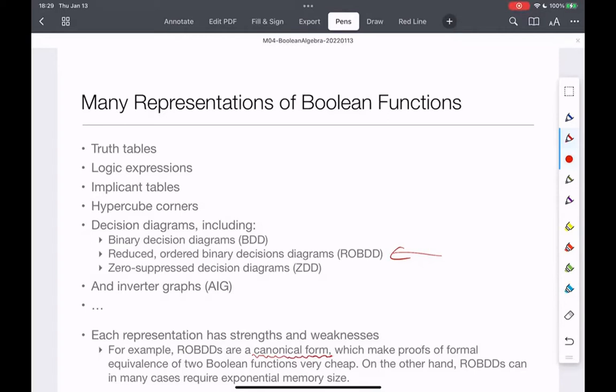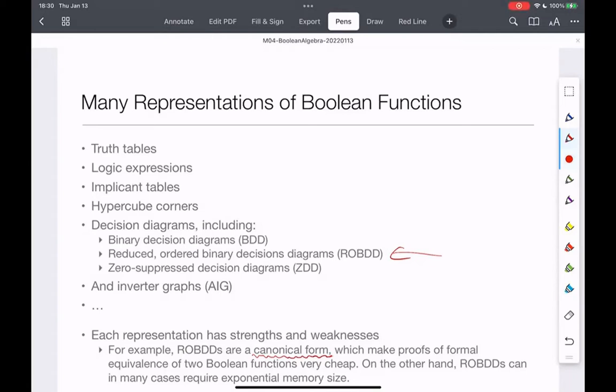So it's pretty cool from that perspective, because oftentimes I need to check whether two functions are equal or not. For example, very trivially, I may be given a particular module which someone says does this function, and they give me an expression.